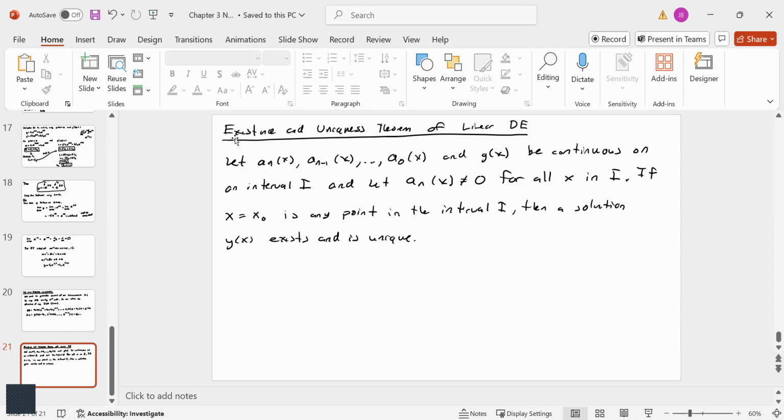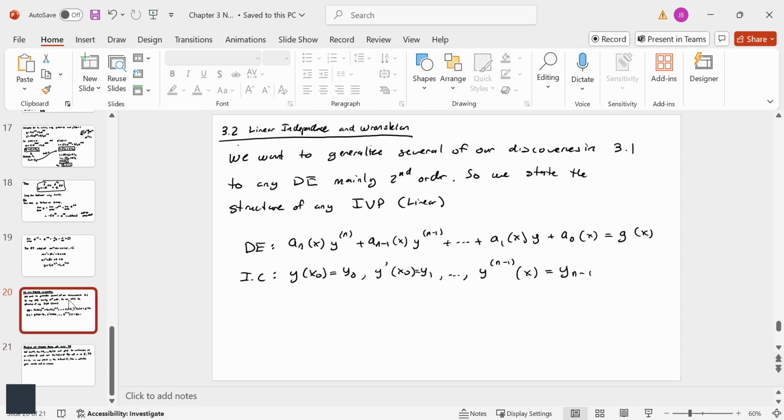What does that mean? All it means is if you have a differential equation that looks like this, and you find an interval where it works, you get a solution. Like it's guaranteed.